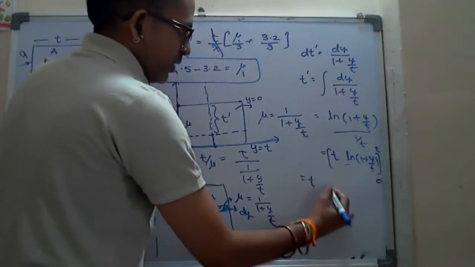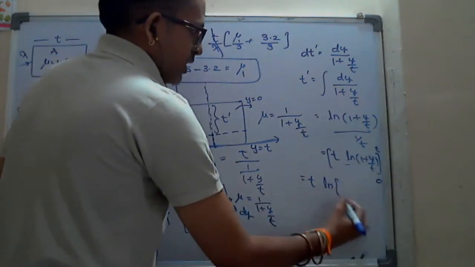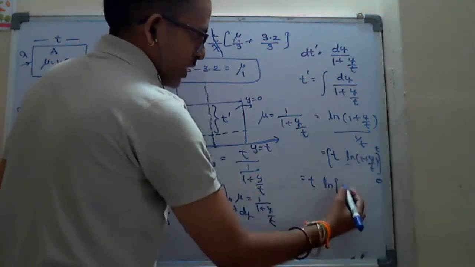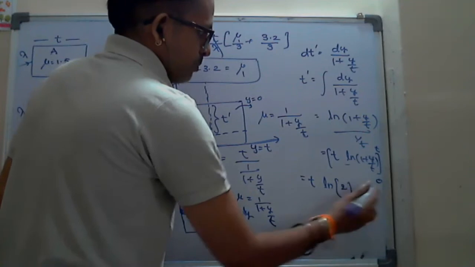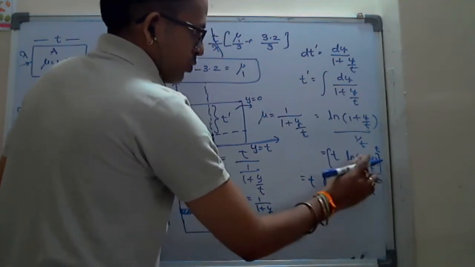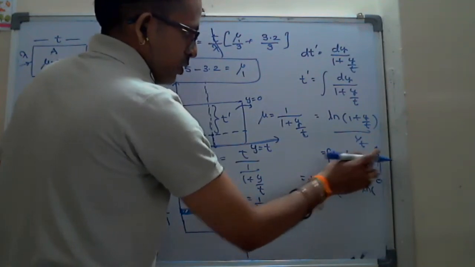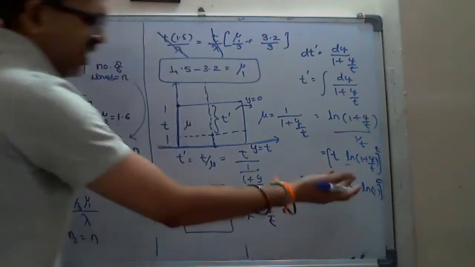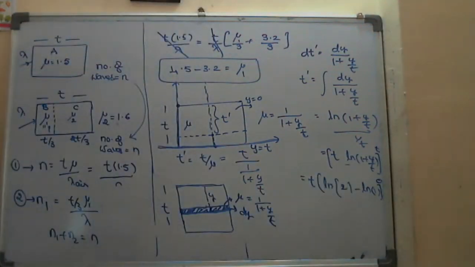Therefore you get t into log of the upper limit, 1 plus t by t. T by t is 1, so 1 plus 1 is 2, minus log of the lower limit, 1 plus y with y equal to 0, which is log 1. Log 1 equals 0.